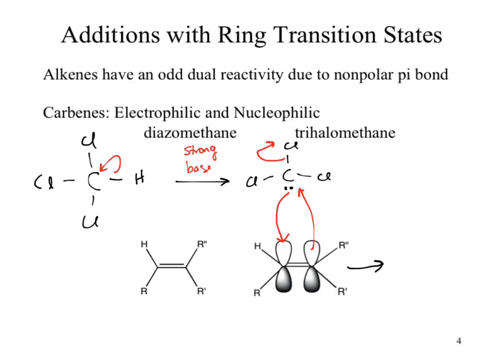What do we end up with for our product? Two chlorines. All right, still going through a carbene intermediate.